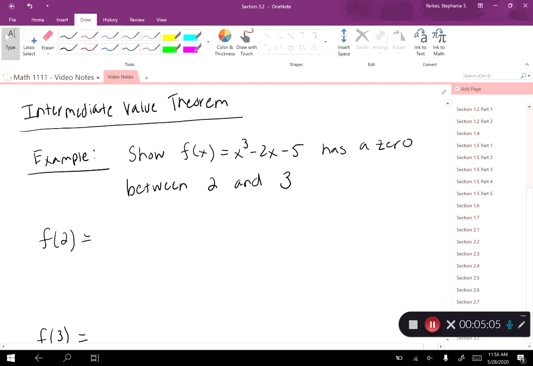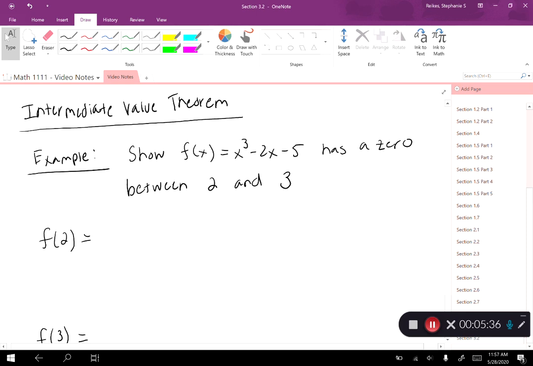So, let's show that f of x equals x cubed minus 2x minus 5 has a 0 between the numbers 2 and 3. So all I have to do is plug in 2 and plug in 3 into my function and look at my result. If one result is positive and one result is negative, that means it must have crossed when I drew my graph somewhere between 2 and 3, which means there must be at least one 0 between 2 and 3.